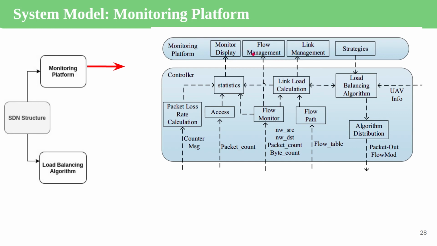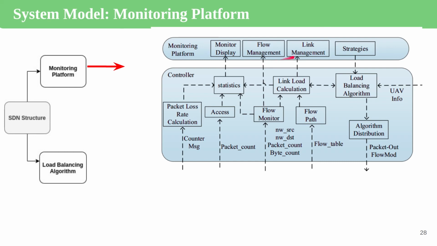Flow management module is used to manage flow, including creating a dictionary for each flow, deleting flow, and configuring parameters for each flow. And flow indicates a group of packets which are transmitted from one network endpoint to another in SDN.